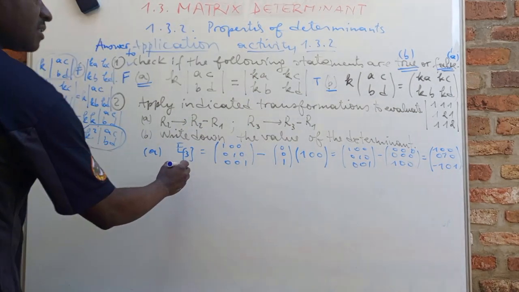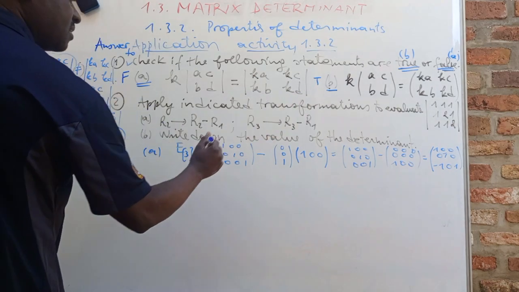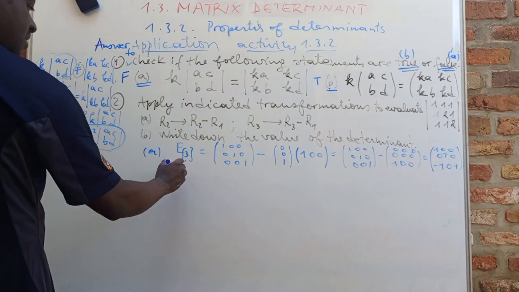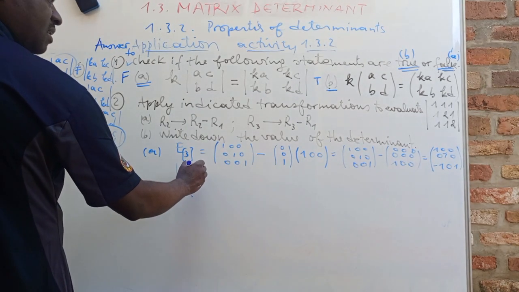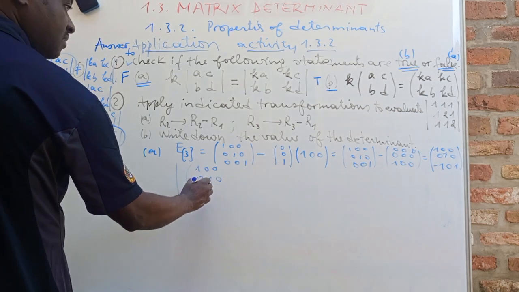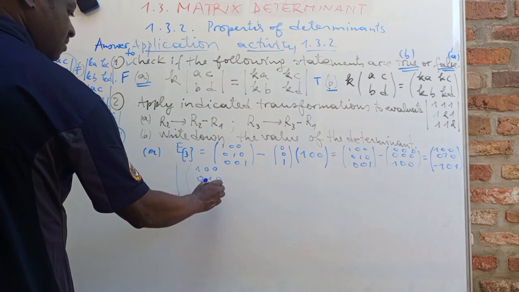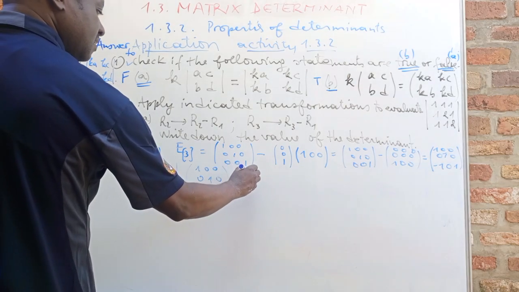It means that to evaluate this determinant, I multiply the matrix 1 0 0, 0 1 0, negative 1 0 1 by the given matrix.